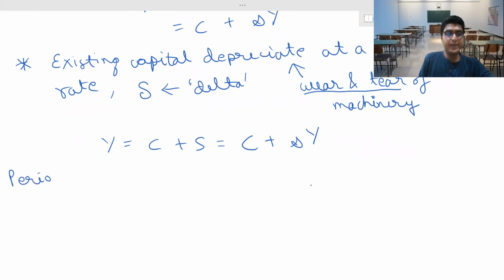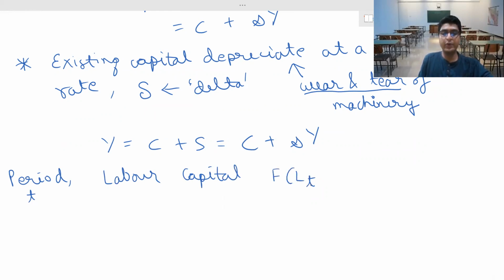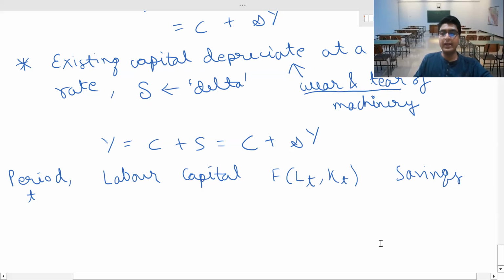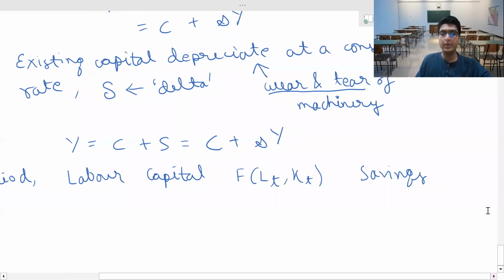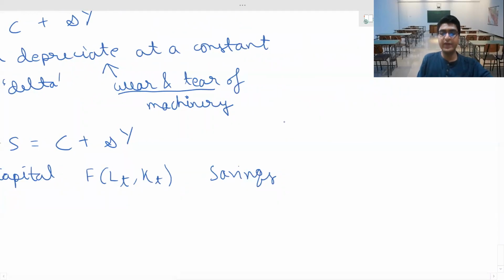We have time period t, we have labor, we have capital, we have the production function, which depends upon labor and capital. Okay, we have savings, and then we also have consumption.